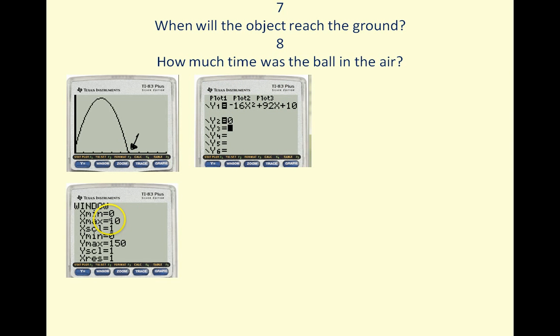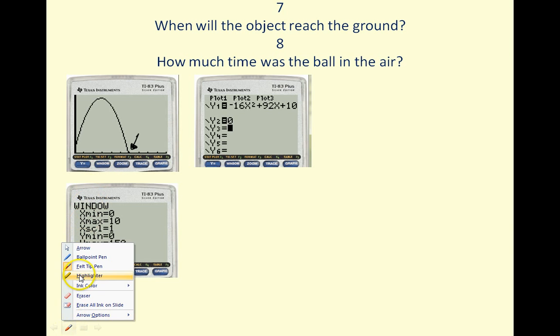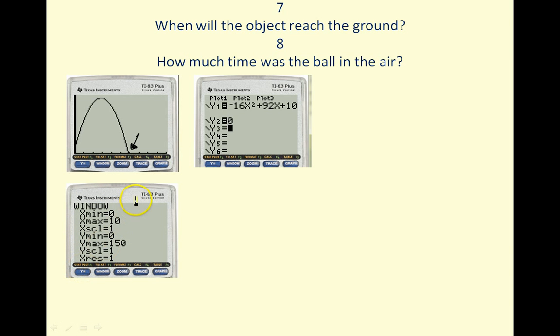So I think one of the easier ways to do that, and again, we could have estimated at this point, but I wanted to show you some commands on the calculator. We could find a pretty close approximation by putting in y2 equals 0, and then finding out where that line intersects.